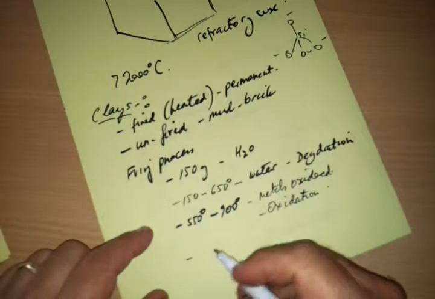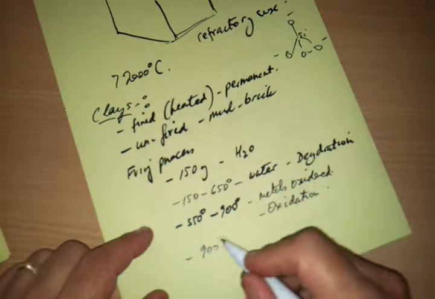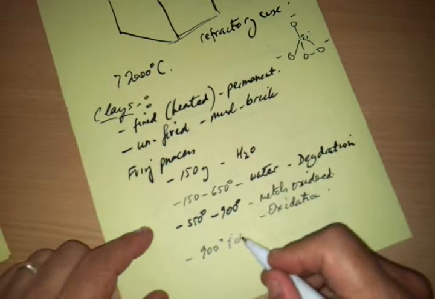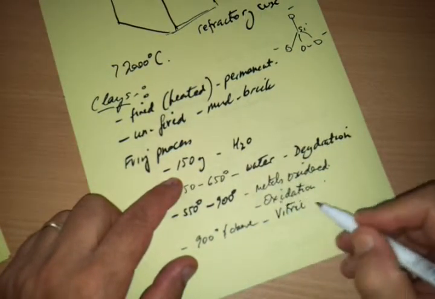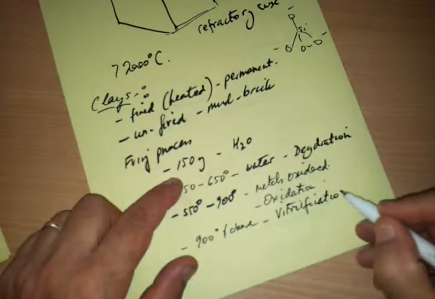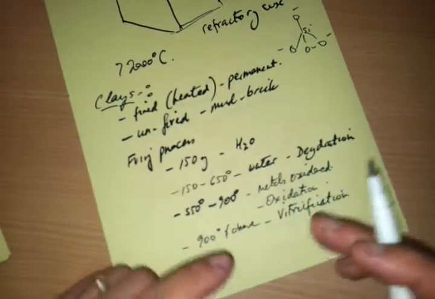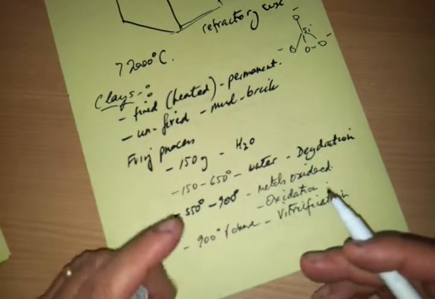Beyond that, you can fire further, so above 900 degrees we have a stage called vitrification, and vitrification is almost repeating what happens in the earth when the rock is molten.